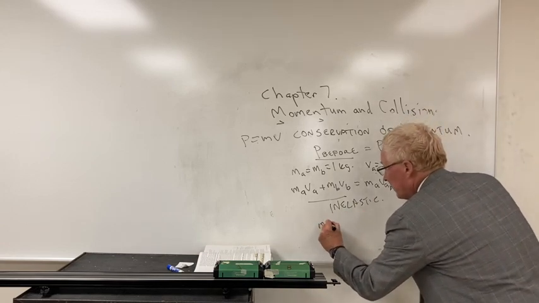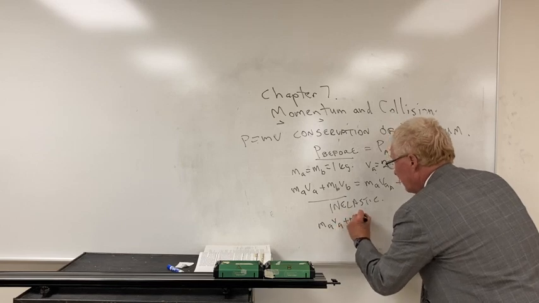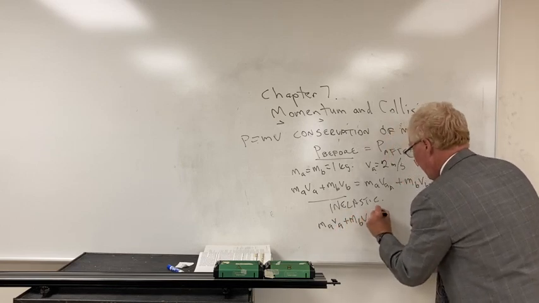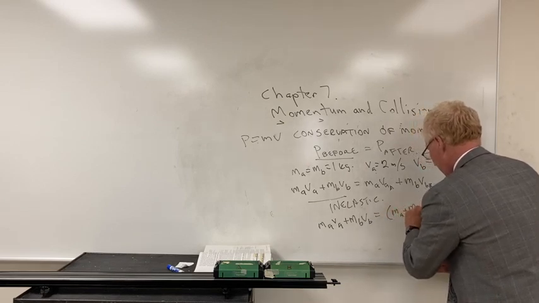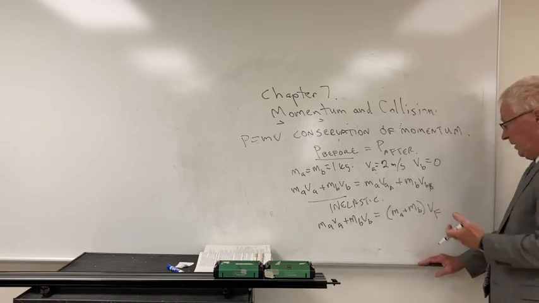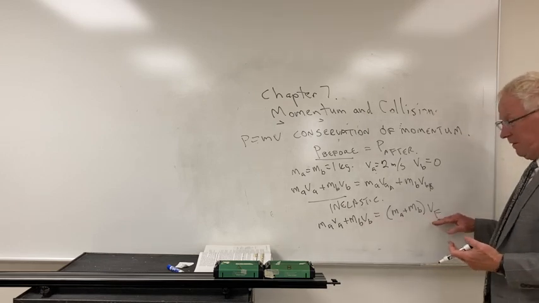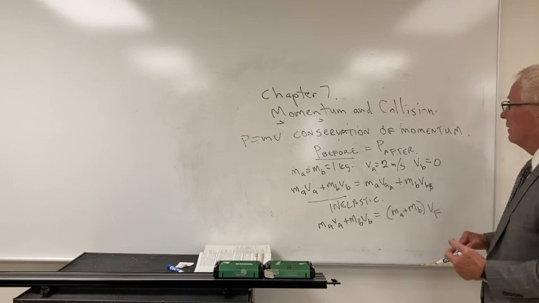So this would be MA VA plus MB VB equals MA plus MB times V final. So that'd be the final velocity. So if we know everything, we can solve for how fast it's going afterwards.